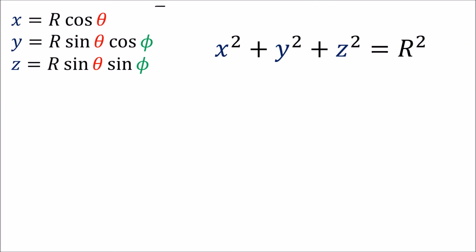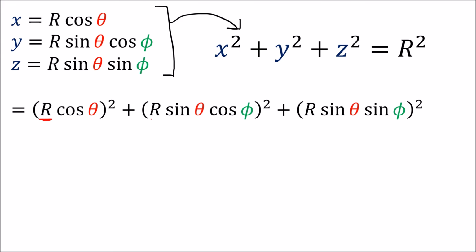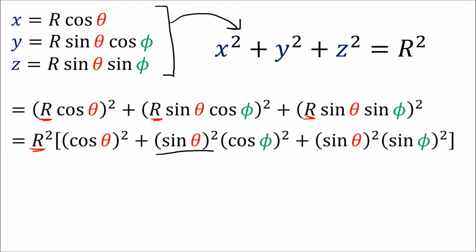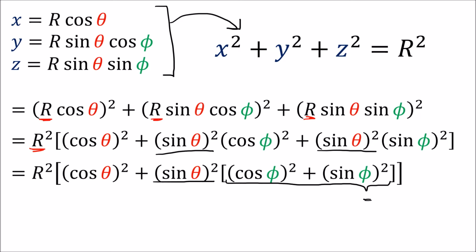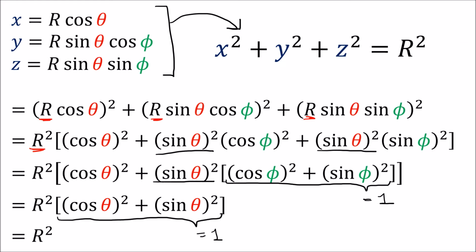If we substitute this parameterization into x squared plus y squared plus z squared, we can factor out R squared, factor sine squared, and collapse these to 1 to get R squared as expected. So this parameterization satisfies the two-sphere equation.